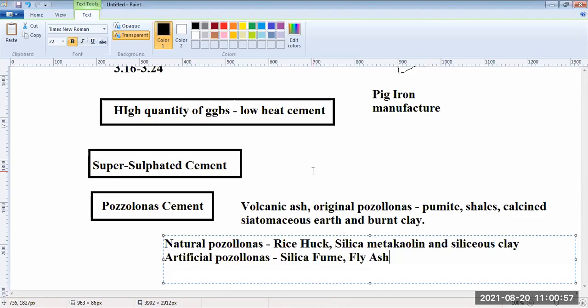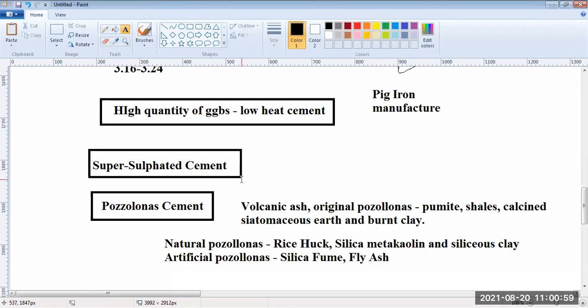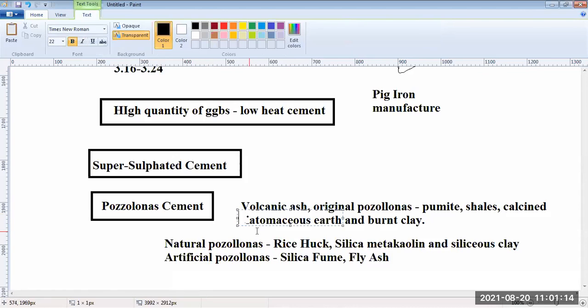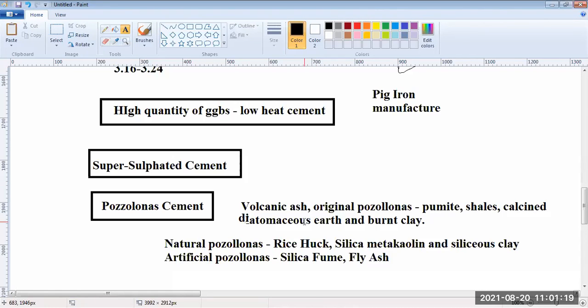Now, when they are added to OPC, either the volcanic ash or the pumice or the shales or the calcined diatomaceous earth and burnt clay, then you have the rice ash, the metakaolin, and the siliceous clay, the silica fume, and the fly ash. So these are the materials that are available either naturally or are manufactured artificially.